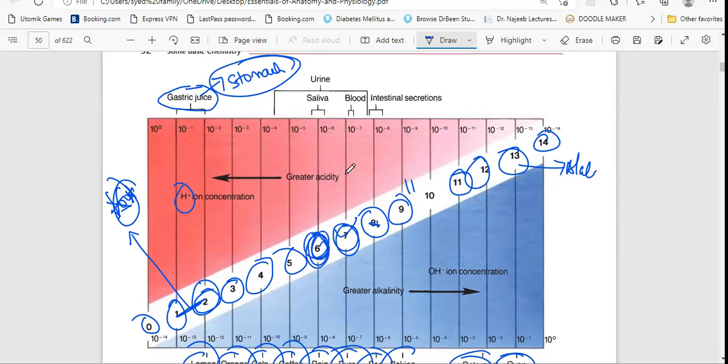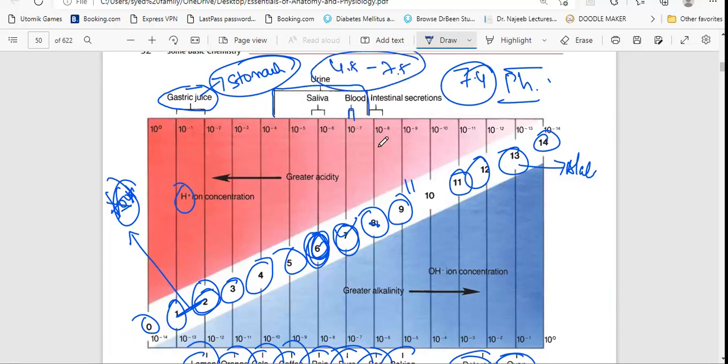In the blood we have 7.4. In blood, 7.4 is the pH level. In the urine we have between 4.5 and 7.5, so it is acidic.